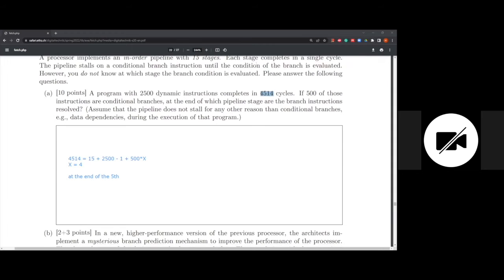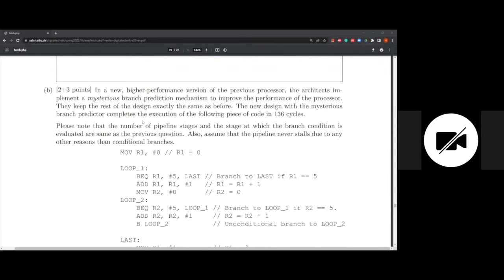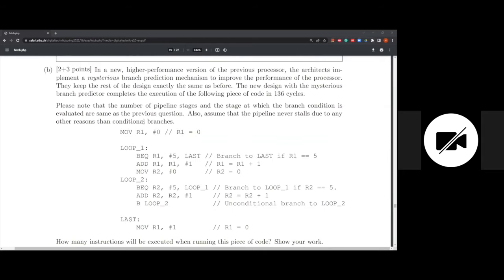I will clear this when I scroll down. In the second part, we have a new higher performance version of the previous processor that uses a mysterious branch prediction mechanism. With this updated processor, the following code executes in 136 cycles.